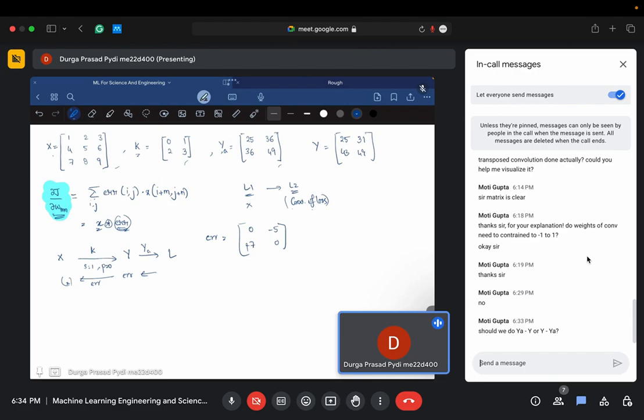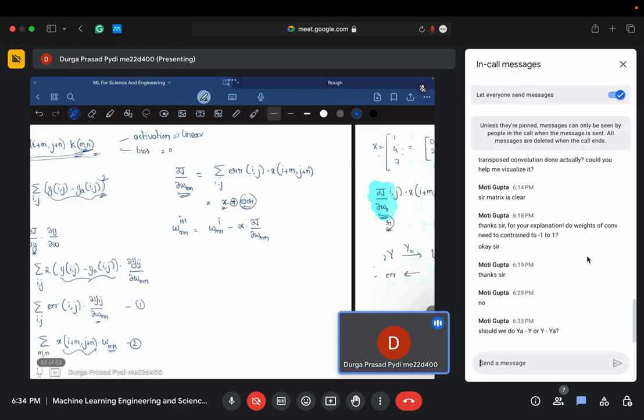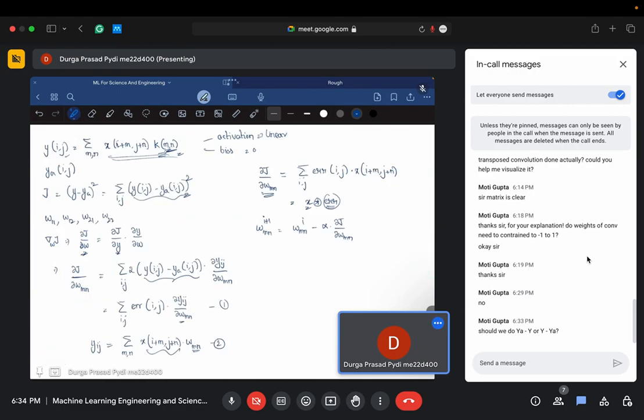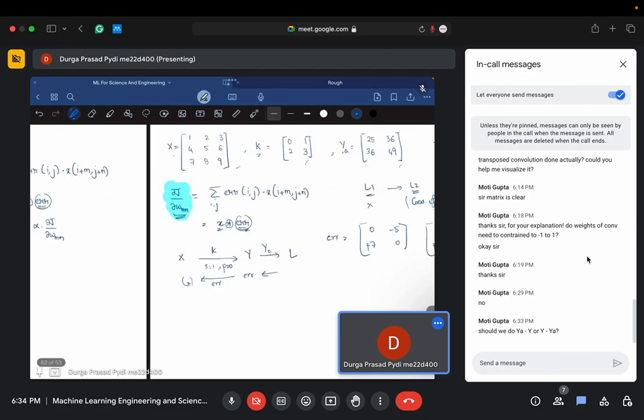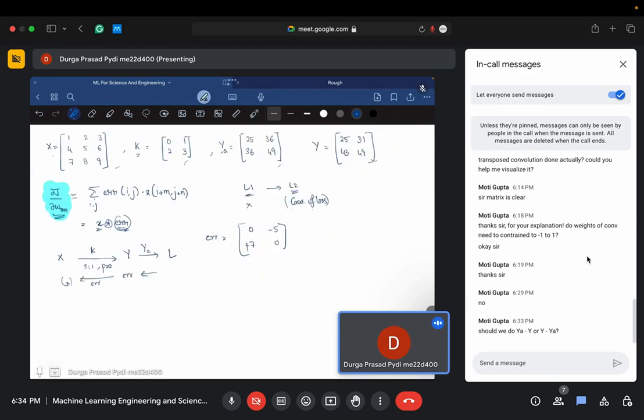So if you apply this convolution, this is what you get as y, and then you subtracted this from this, and then you got an error term like this. Now if you apply this convolution, so how did you get your error term? You just subtracted these two. There is a 2 times, so did you multiply with 2 already, or you just subtracted this? 2 plus 8 plus 10, 25.